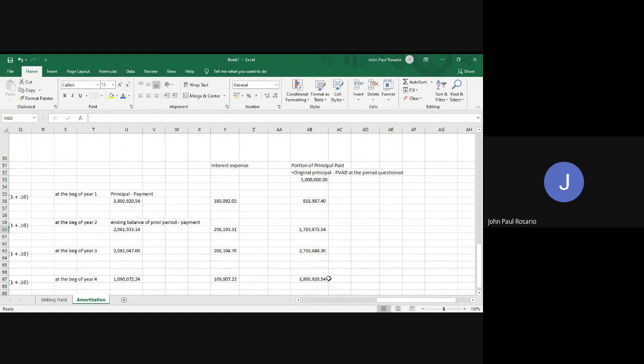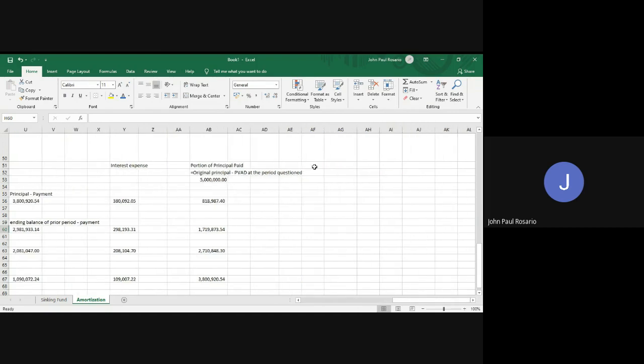Now for the portion of payments going to interest, or the amount of interest paid for that particular period. At year one, the formula would be gross payments less portion of principal paid.